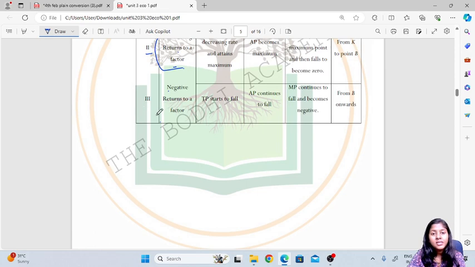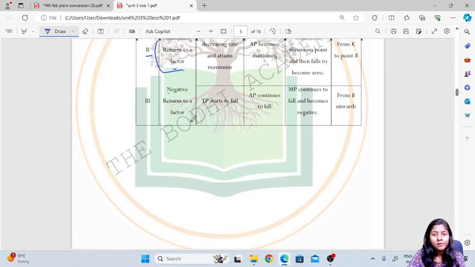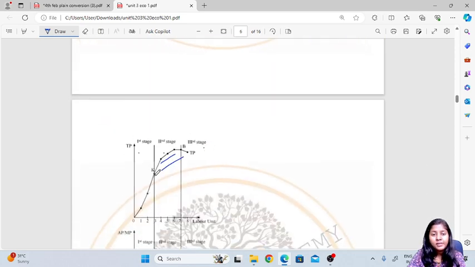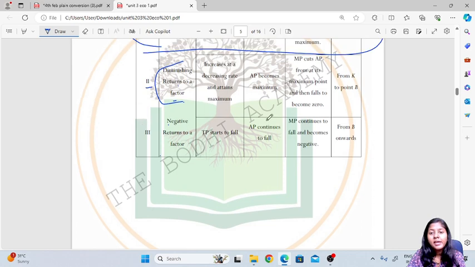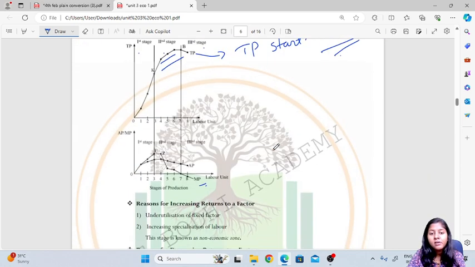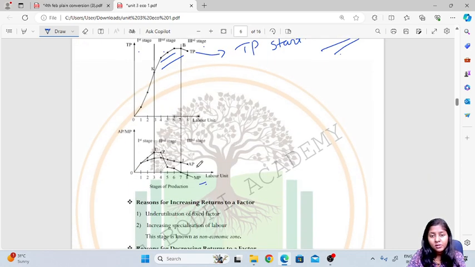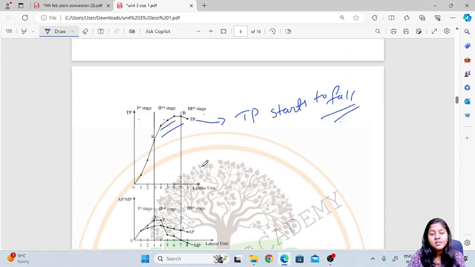Then the third stage is negative returns to a factor. With regards to TP, in the third stage TP starts to fall. Then AP continues to fall here, decreasing at the third stage.